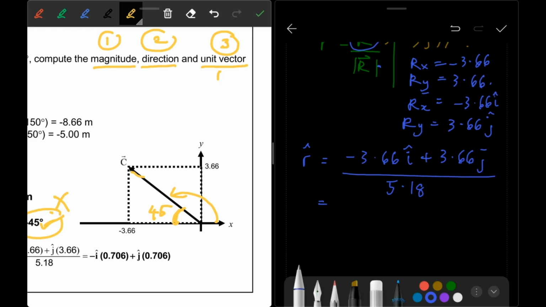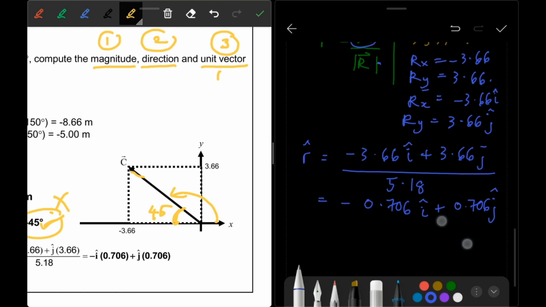When you calculate, you will get negative 0.706 i plus 0.706 j. This is the unit vector of the resultant vector. This is the way you calculate the unit vector of the resultant vector.